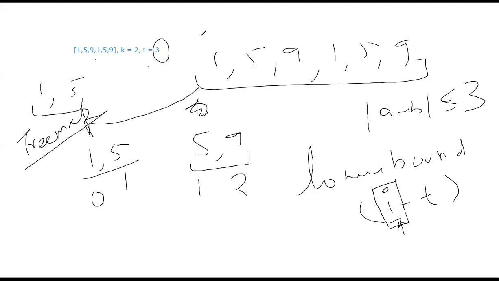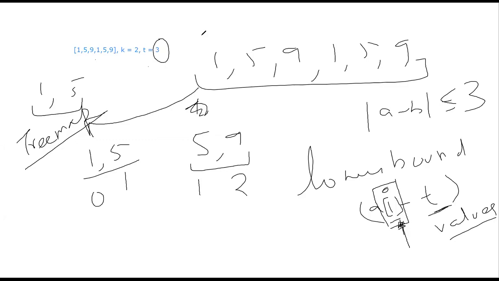But there's one question: you have i as index and t as the absolute difference of values, so it should be nums[i], not only i. Okay, let's apply that.